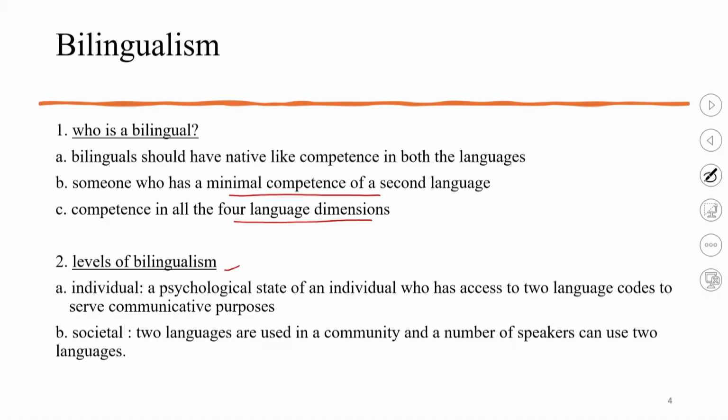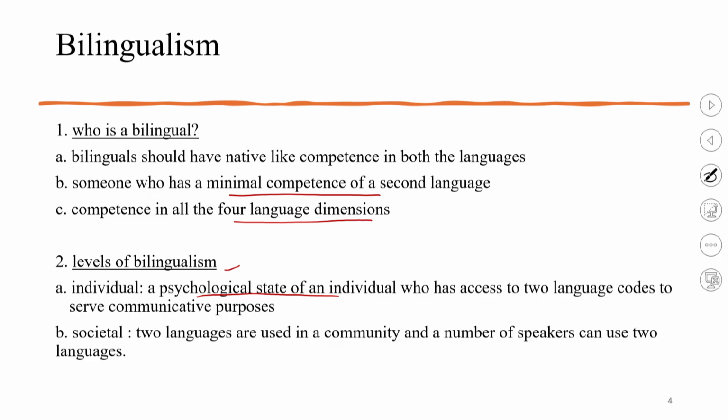And then we have levels of bilingualism. This is important because depending on the level of bilingualism, the research question and the approach of the investigation changes. So, individual versus societal bilingualism. Individual bilingualism basically talks about a psychological state of an individual who has access to 2 language codes to serve communicative purposes.